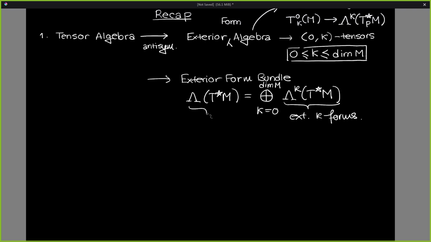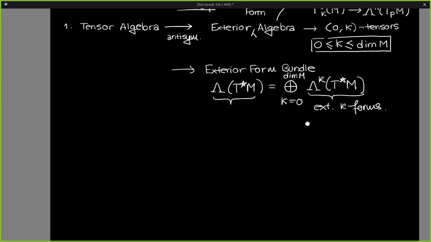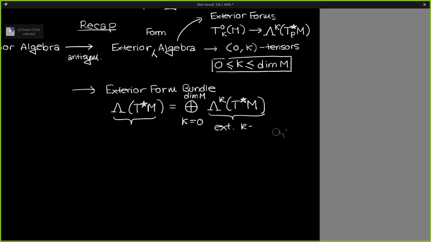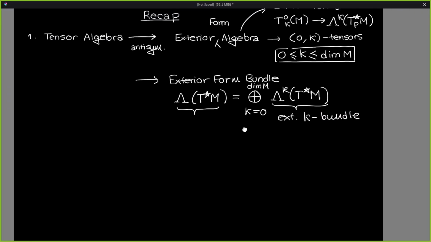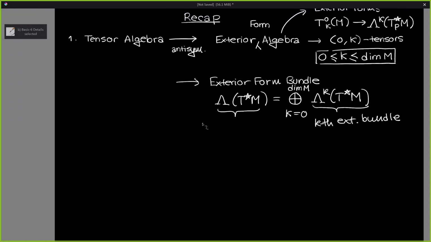And so this is the exterior, sorry, this should be the exterior k bundle, right? Or the kth exterior bundle. And this is just the exterior bundle, or the exterior form bundle, if you want to be specific.